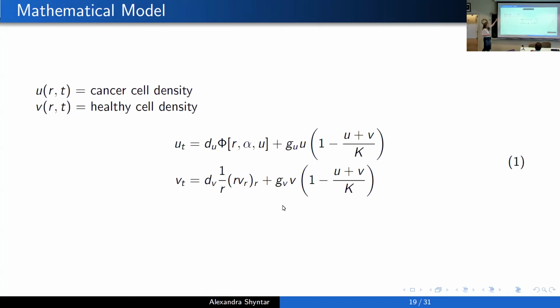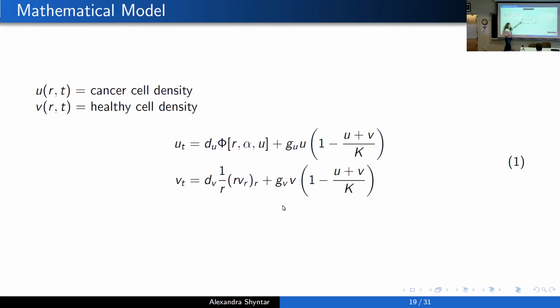So this is our final mathematical model. U denotes the cancer cell density, V denotes the healthy cell density. The first equation describes the rate of change of the cancer cell density with respect to time.